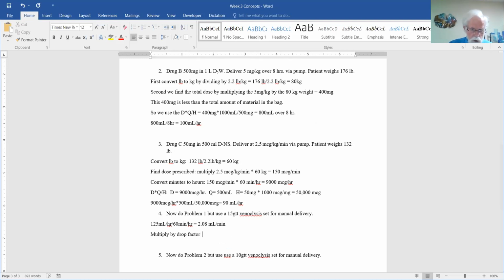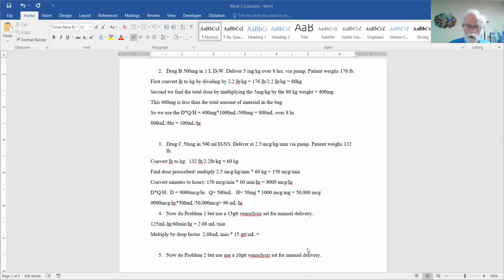So this is going to be 2.08 milliliters per minute times 15 drops per milliliter. So we go back to our calculator.